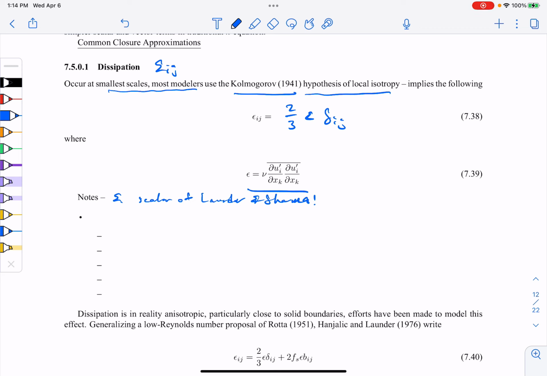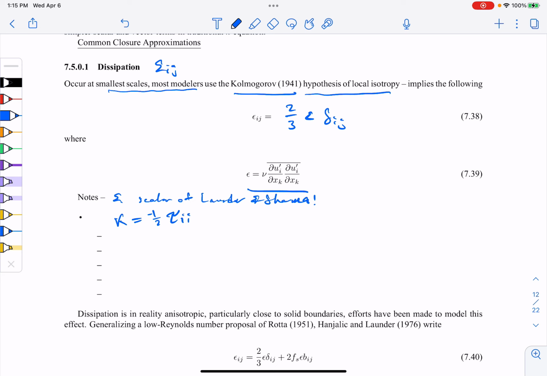And this becomes particularly evident by contracting equation 734, which we've previously shown, and you can form an equation that goes as k is equal to negative 1/2 of tau I, which is turbulent kinetic energy.